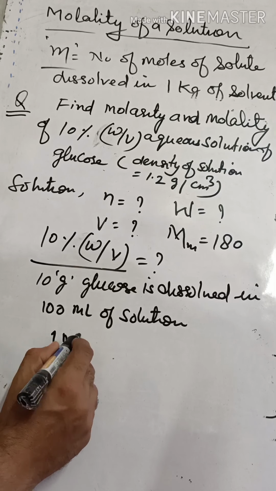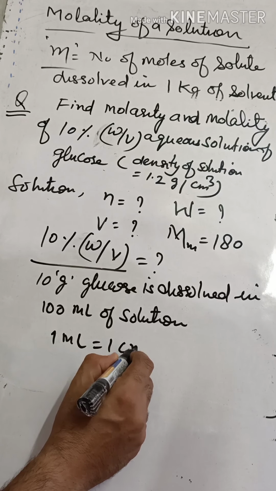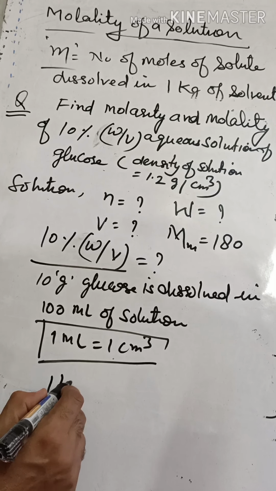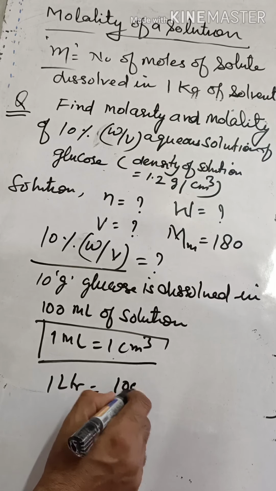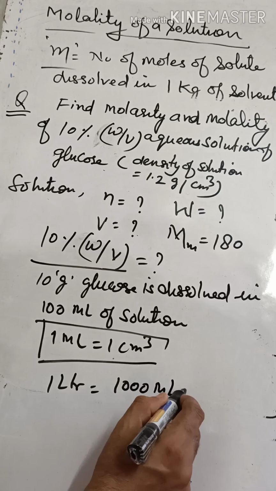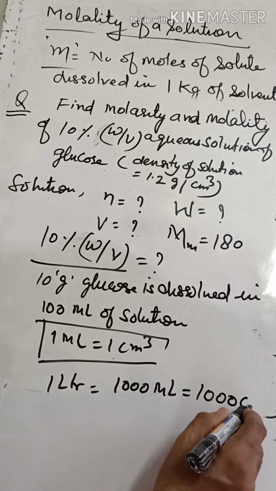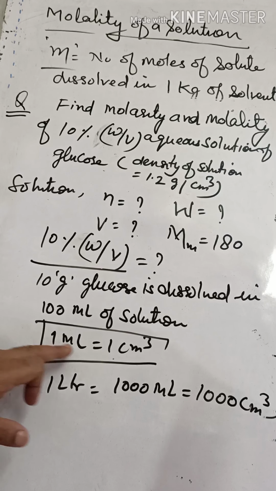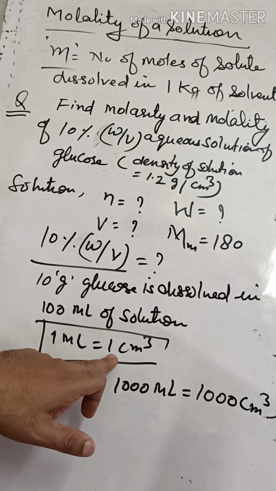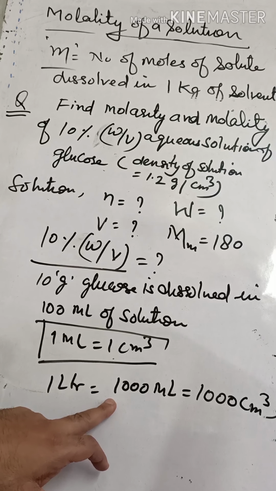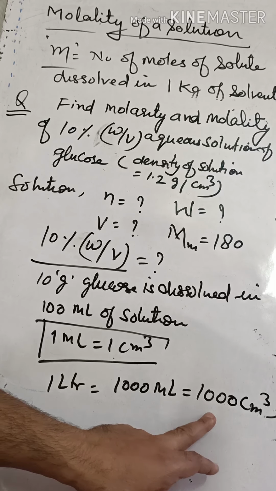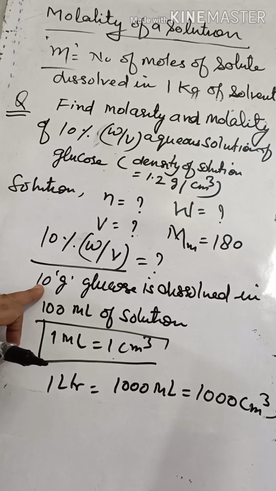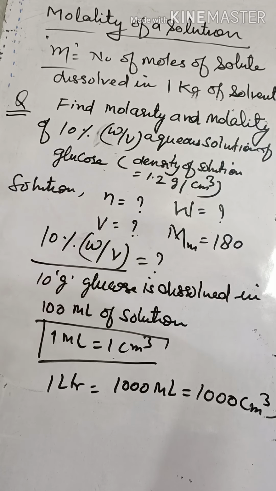Remember, 1 ml is equal to 1 cubic centimeter, and 1 liter is equal to 1000 ml, that means 1000 cubic centimeter.